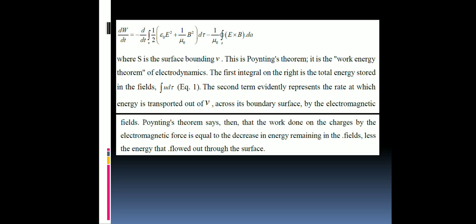It is the work energy theorem for electrodynamics.